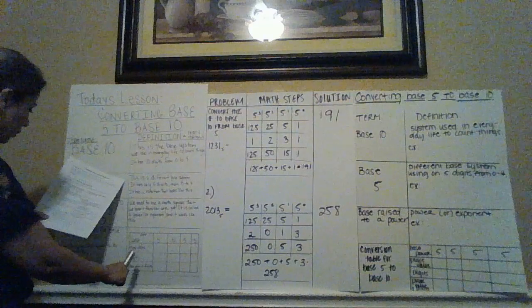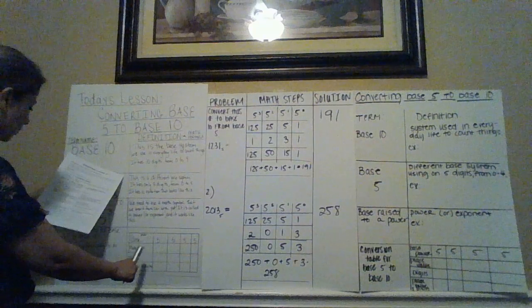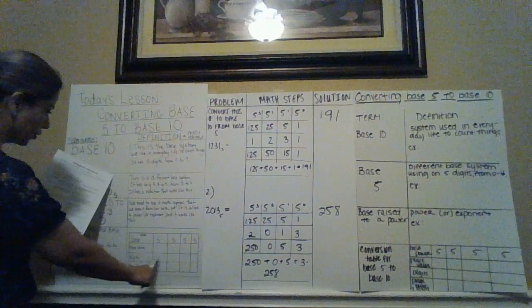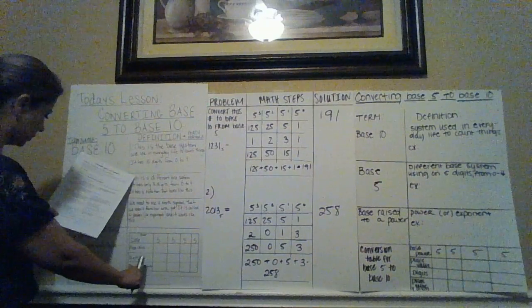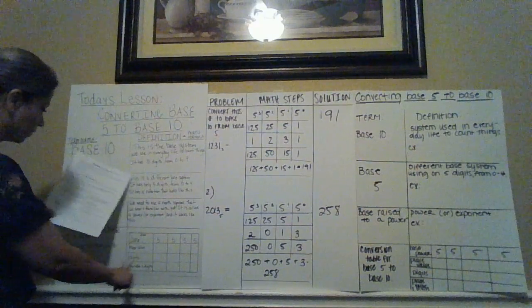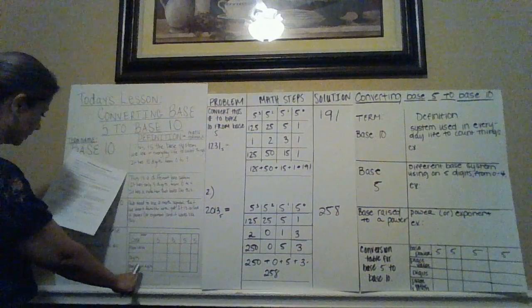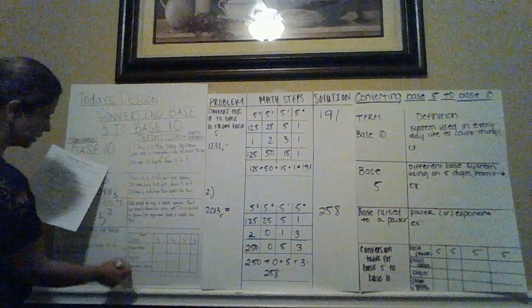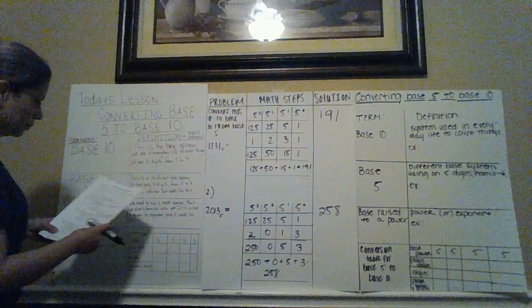In the second row, we're going to place the value for each column. And then in our third, we're going to put our digits from the problem we are solving. And then the fourth row we're going to place is a calculation of the place value and the digits. This will be our number down here.